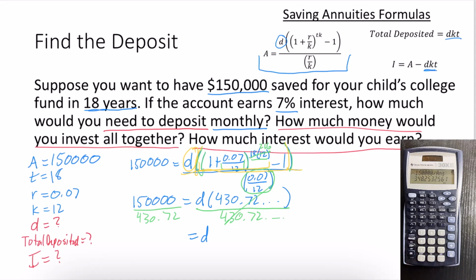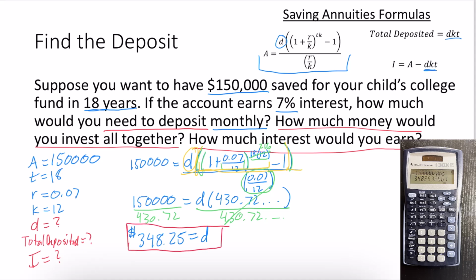And what that tells me is that d equals 348.25. And that's the amount that I would need to deposit every month in order to have $150,000 saved for my child's college fund. So that's what D equals, and that's one of the answers that I need.